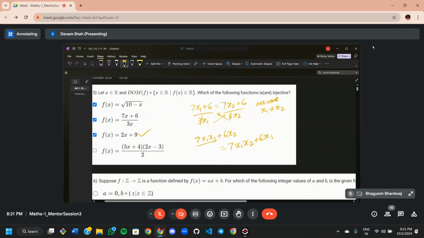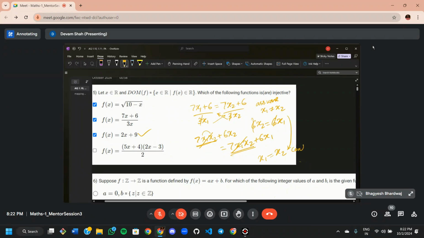Now we know that whether it is different or same, these two terms will be the same. Yes, sir. So we cancel them. Now what is it? 6x2 equals 6x1. Divide by 6, you will get x1 equals x2.